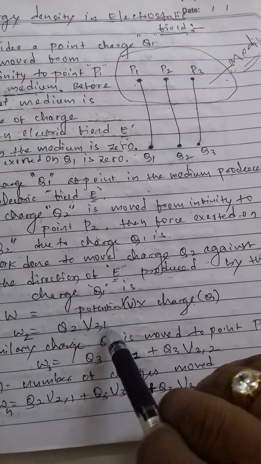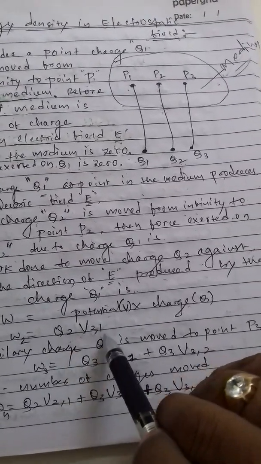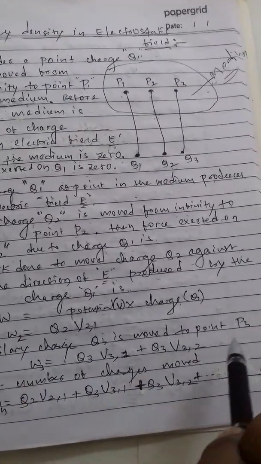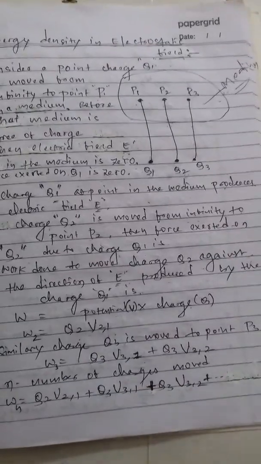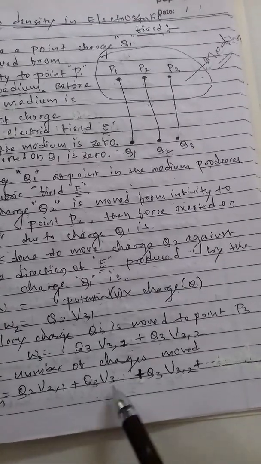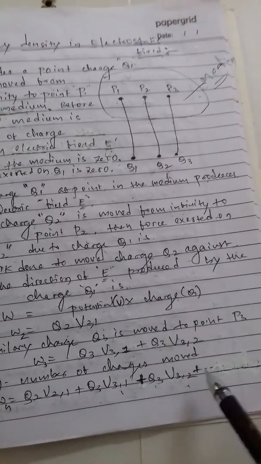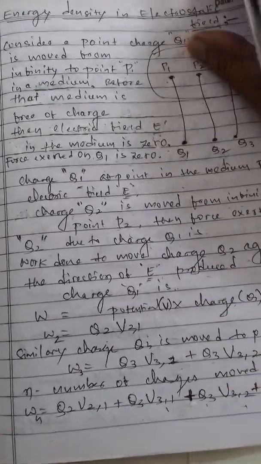That is, V21 is the potential due to the charge Q1. Similarly, charge Q3 is moved to point P3, giving Q3 V31, Q3 V32. If n number of charges are moved, we get Q2 V21, Q3 V31, Q3 V32 plus so on, for the n number of charges.